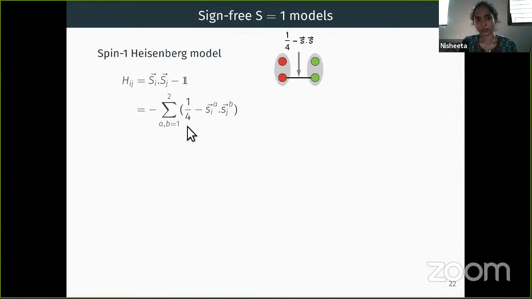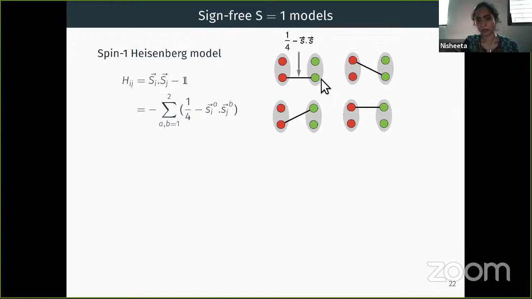Now if you look at this equation, you can see that it requires you to draw these black lines between all possible combinations between these pairs of spin one sites. Once you add up all of these four terms, each term in this sum, this is how we wrote down the spin one Heisenberg model in terms of the spin halves.